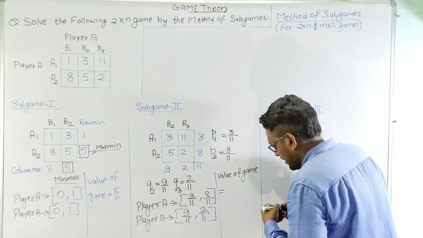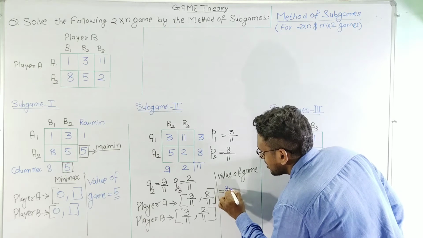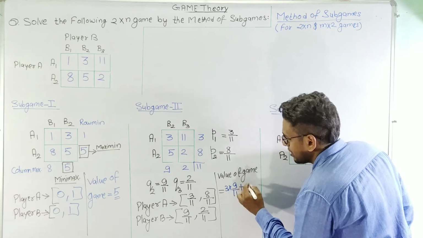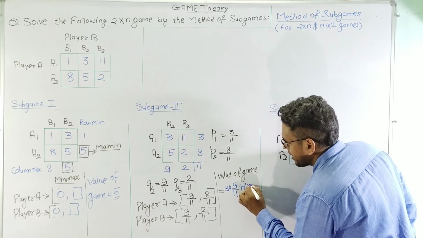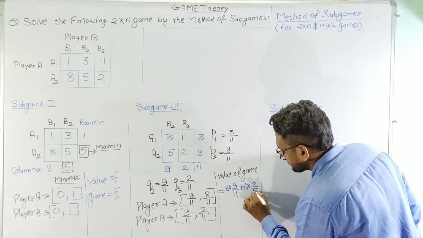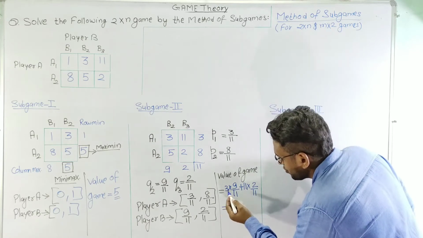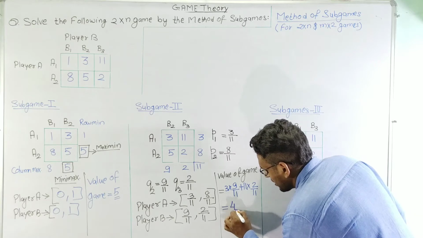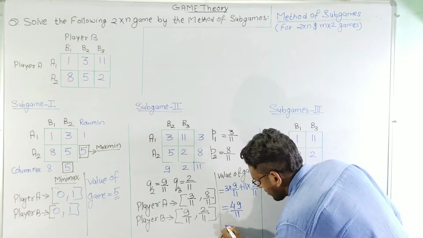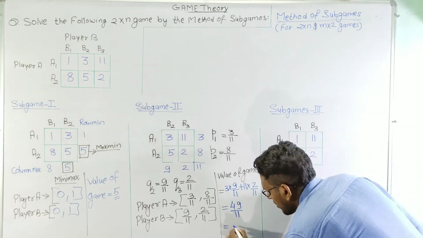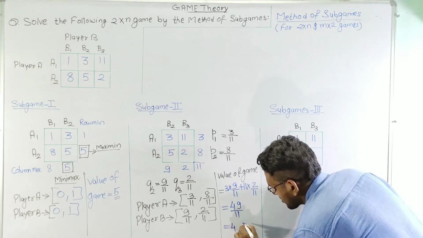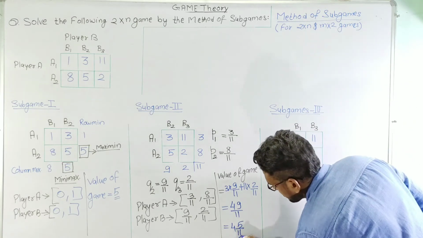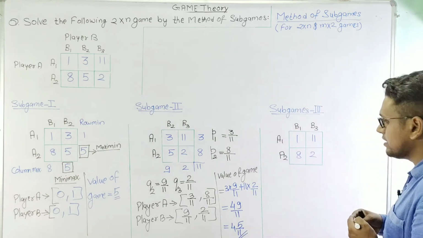So this will be 3 multiplied by 9 by 11 plus 11 multiplied by 2 by 11. So this is equal to 27 by 11 plus 22 by 11. This is 49 by 11, which is 4 and 5 by 11. So this is the value of game for A and B.